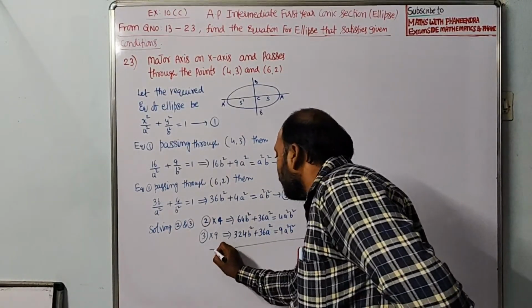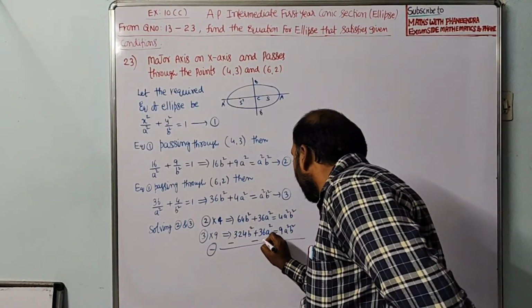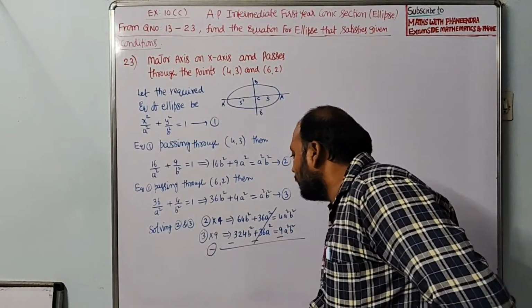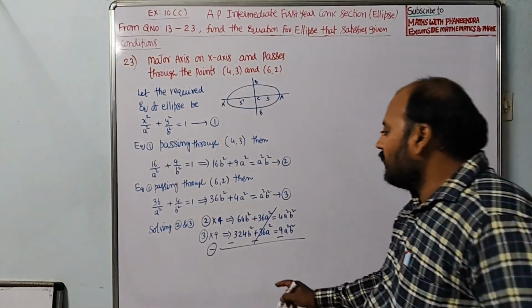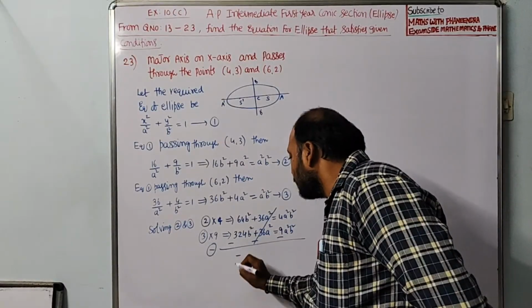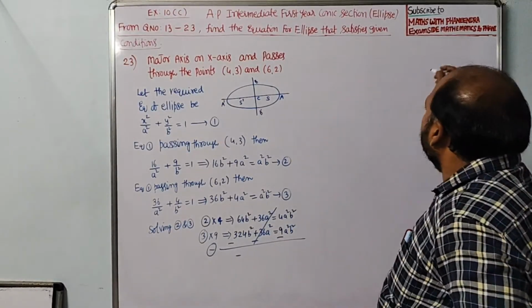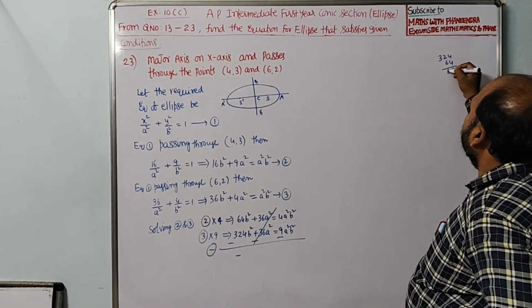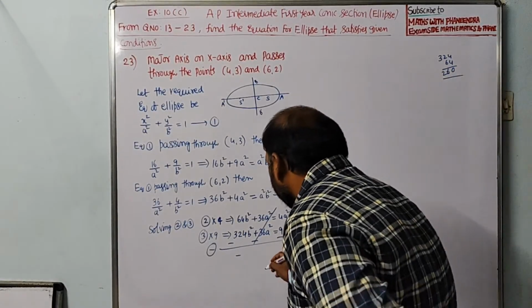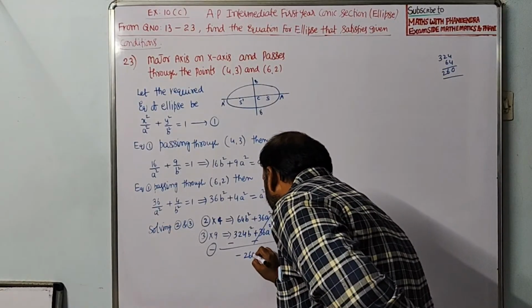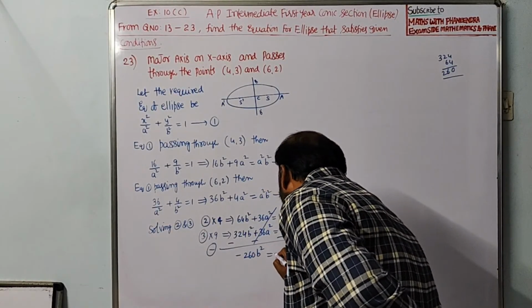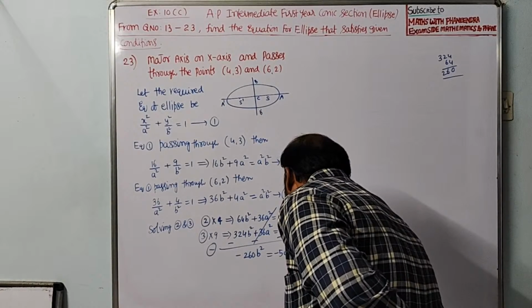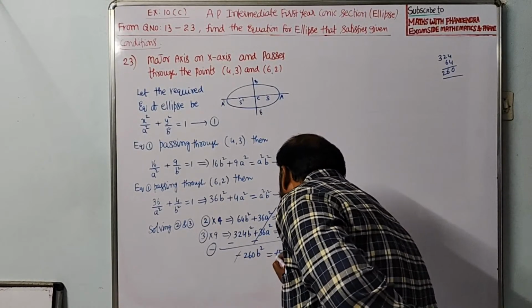Now we'll subtract, minus, minus, minus. These two will be cancelled. 324 minus 64, so minus 260b square equal to minus 5a square b square. Minus minus get cancelled.